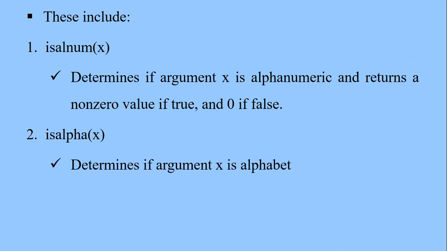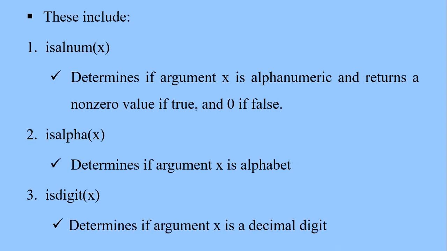This function determines if argument x is an alphabet, in other words, if the value you have given it is an alphabet. isdigit. It determines if argument x is a decimal digit. Remember, when I use x in this case, I'm referring to the content of a memory location or just a value.